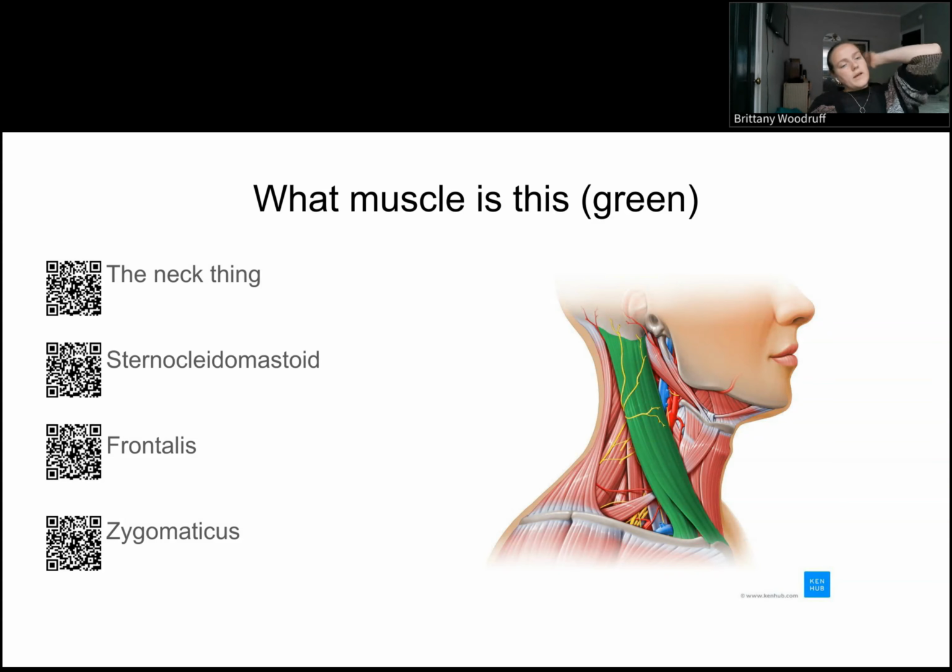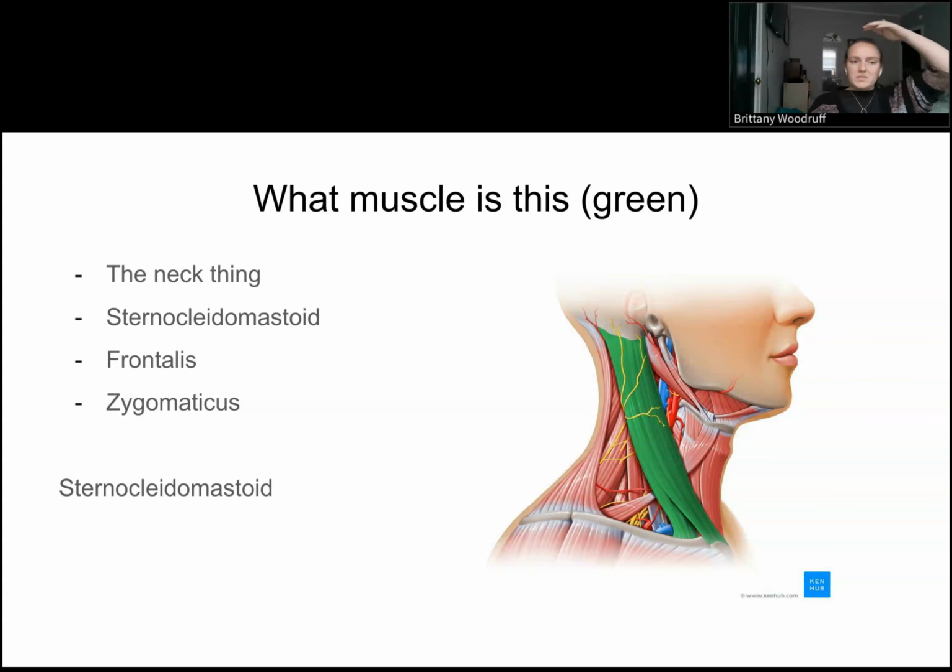Yeah, so the sternocleidomastoid. Now with the sternocleidomastoid, the reason why I say know the pictures well, right? If you're super confused on what the name of this muscle is, you can do a little bit of process elimination. If you know where your frontalis muscle is, it's in the face, right? Zygomaticus, also in the face.